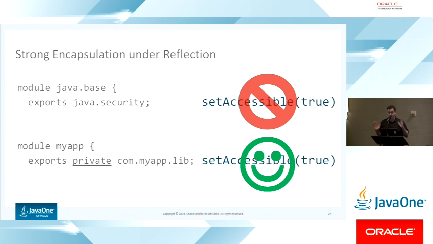So, just exporting a package, exports P, does not allow reflection to access the non-public elements of the package, the non-public types, or even the non-public elements in public types. So, I'll say it again.